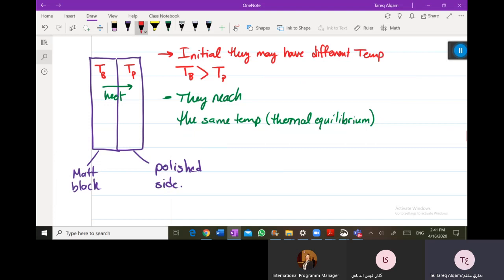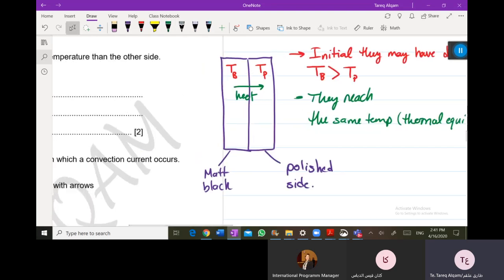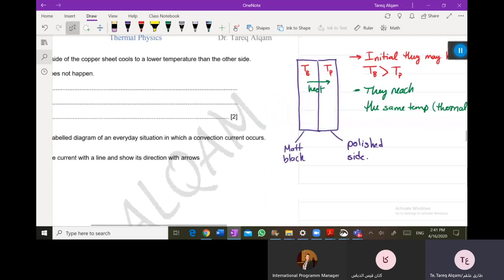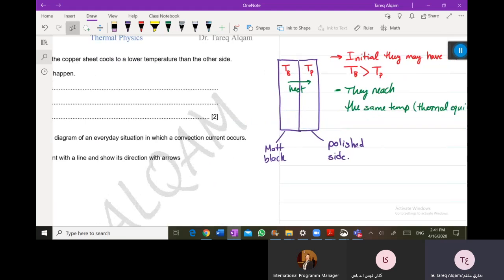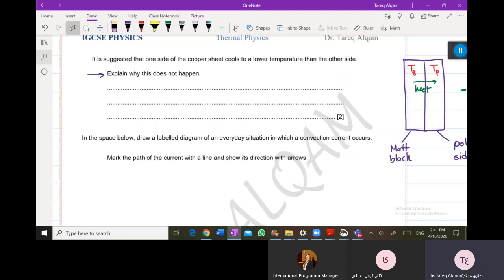Students always think like this: the hotter one, the black one, will have a higher temperature than the polished one. This might be true at the initial moment, but eventually, since they are conductors in contact with each other, the thermal energy will be transferred from the hotter region to the colder region until they have the same temperature. So eventually they have the same temperature.